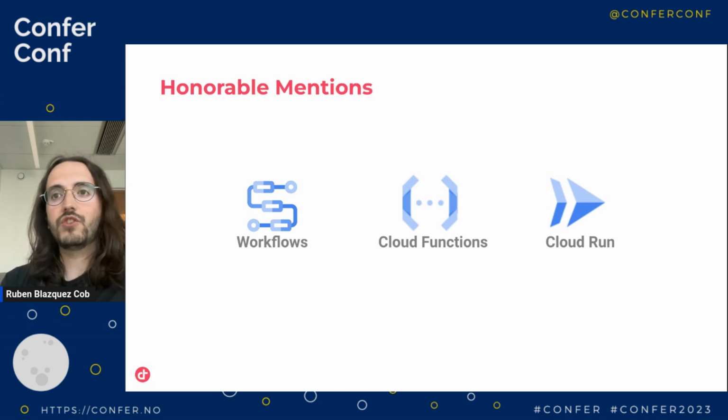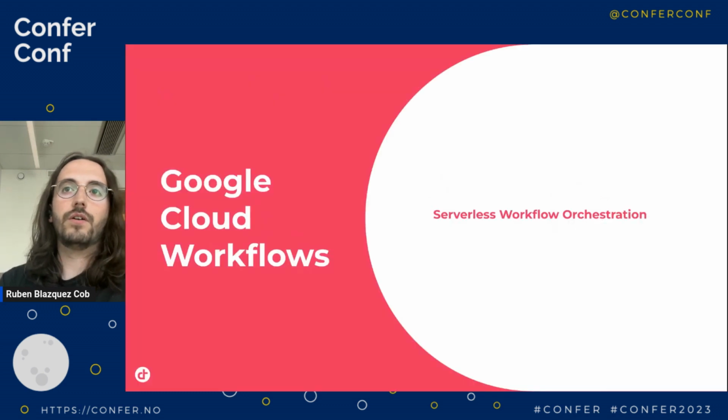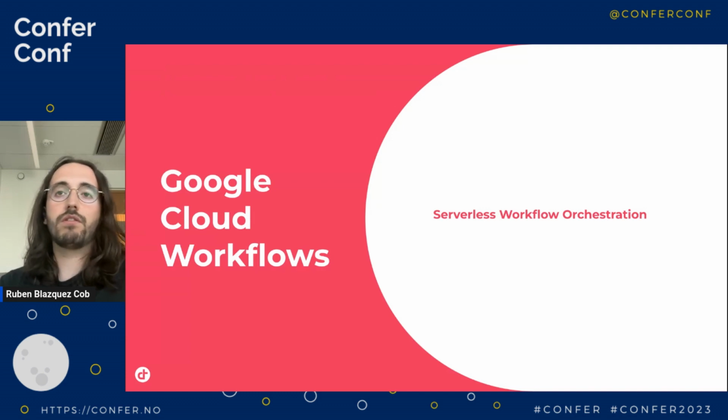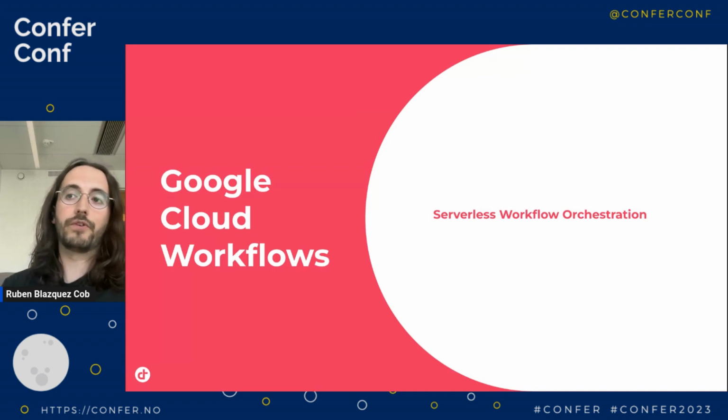So now, going into Workflows a little bit. What is Google Cloud Workflows exactly? It's just, again, another serverless solution to orchestrate workflows. One of the things that I like the most about this is that it has a maximum timeout of 365 days. Therefore, you can run a workflow for a very, very long time.